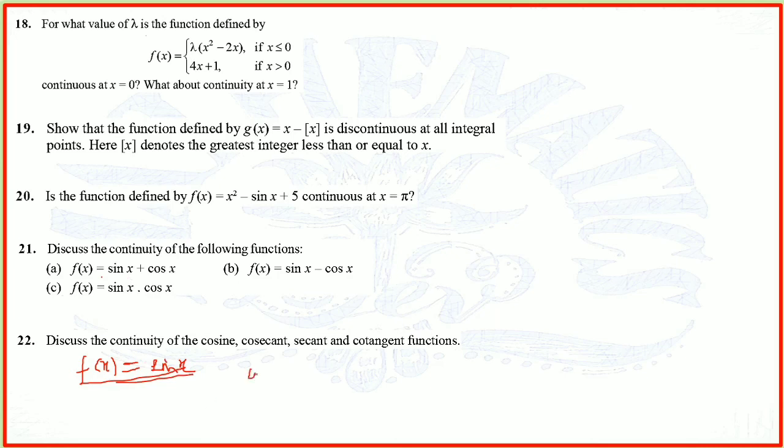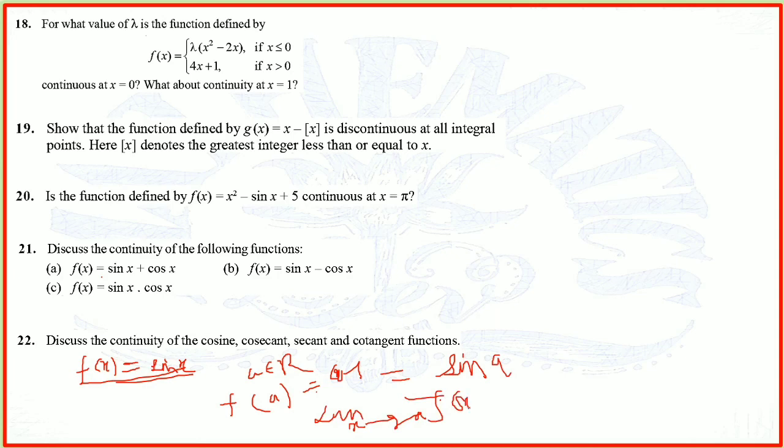Then again taking a real number a, which belongs to R, then f of a is equal to sine a, and limit x tends to a f of x is equal to limit x tends to a sine x, which is equal to sine a after taking the limit.